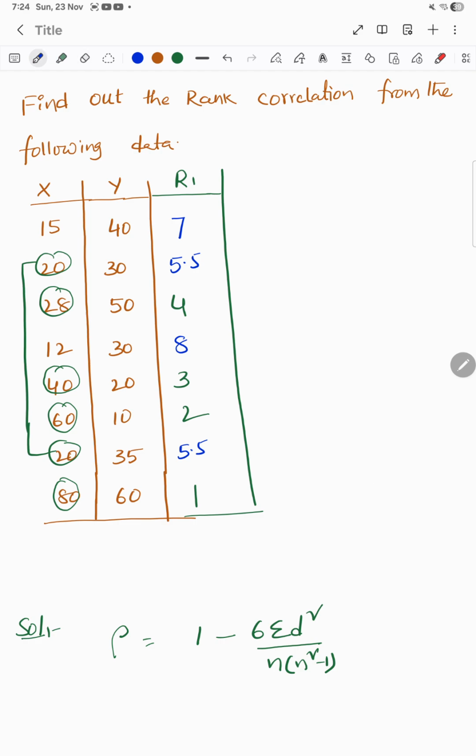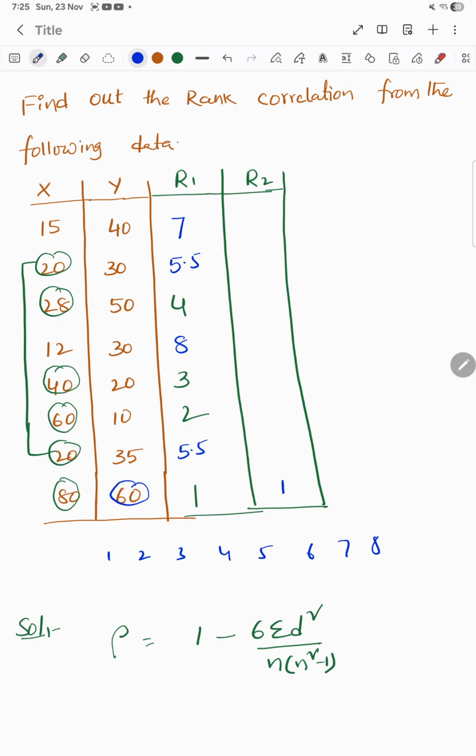Similarly, let's work out the ranks of the second variable y. Again take 1, 2, 3, 4, 5, 6, 7, 8. Same logic. The highest observation is 60, so first rank. Next highest is 50, second rank. Next is 40, third rank.